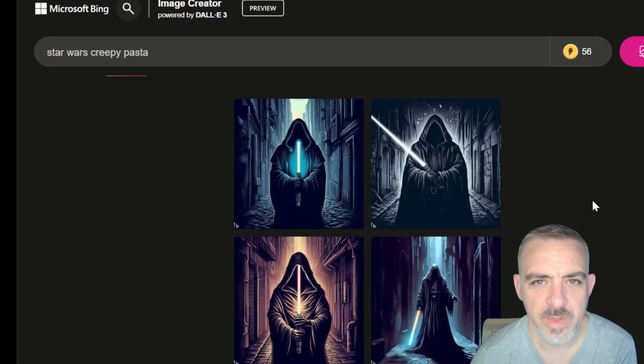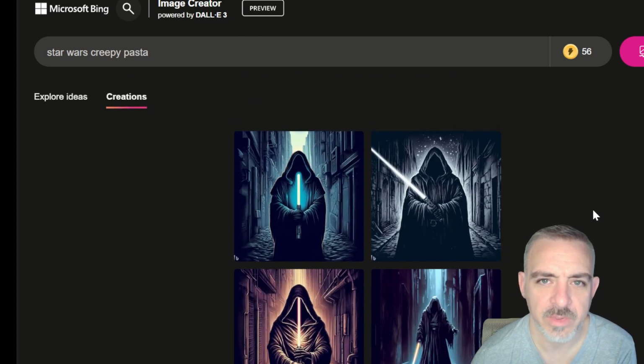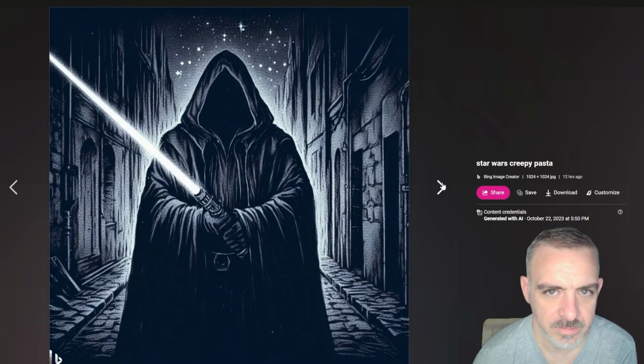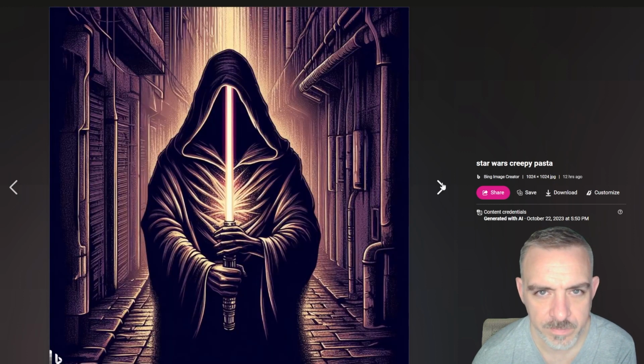So this creepypasta is something I came across online where you can do a normal prompt, put creepypasta at the end, and it turns it into a creepy looking image. So when I did that, this is sort of what I got: these goth looking Jedi Sith like ringwraiths from Lord of the Rings.